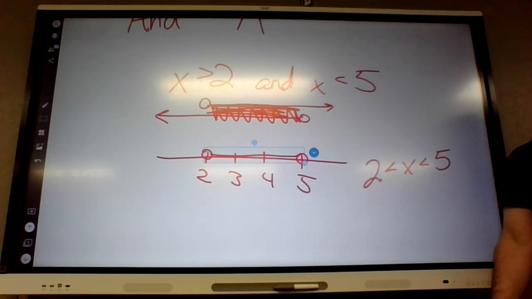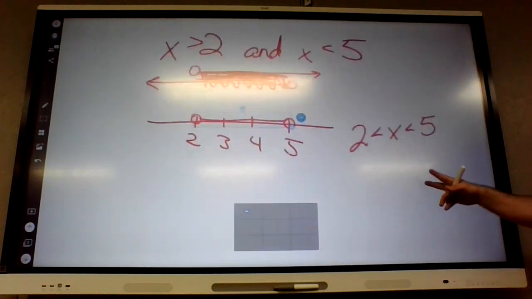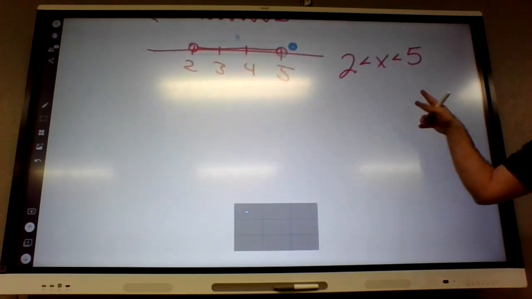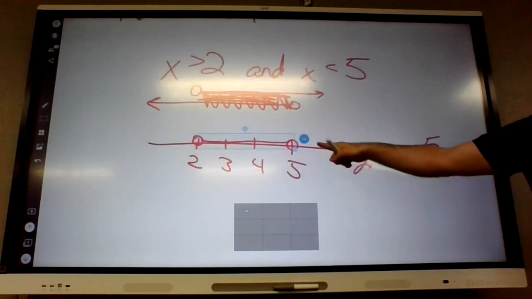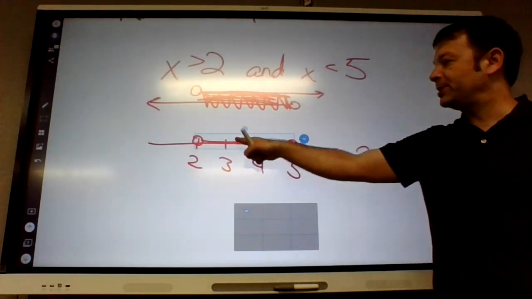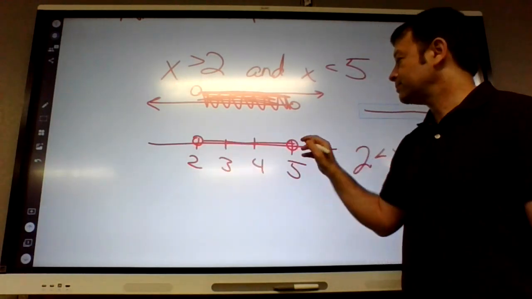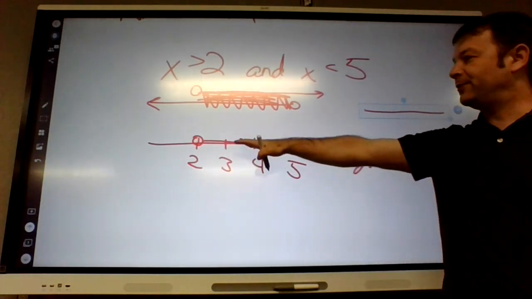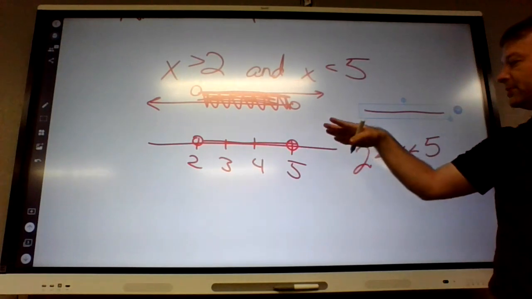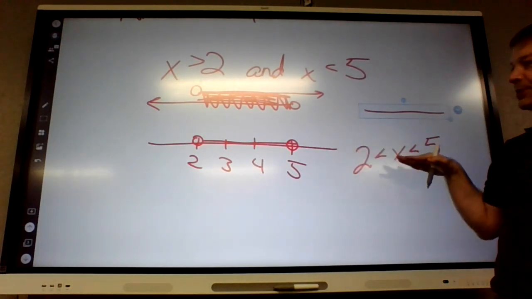So far, so good? That's possibility number 1. That's what the graph would look like, all the numbers between 2 and 5. If they wanted just the numbers, we could write it like that.